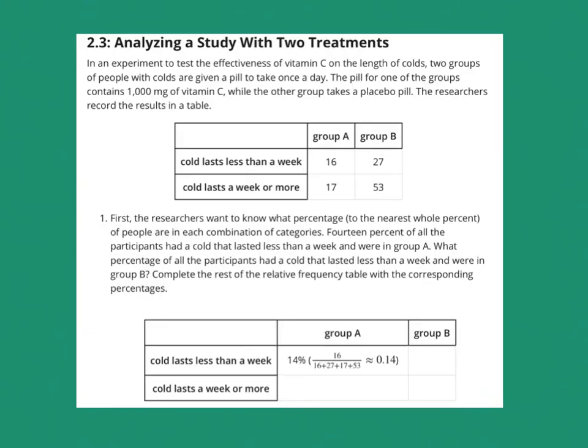Now for question 1, the researchers want to know what percentage of the people are in each combination of categories, to the nearest whole percent. So we need to round to a whole percent. This is just like the very first scenario with the cats in the rural situation, right? This is the "and."